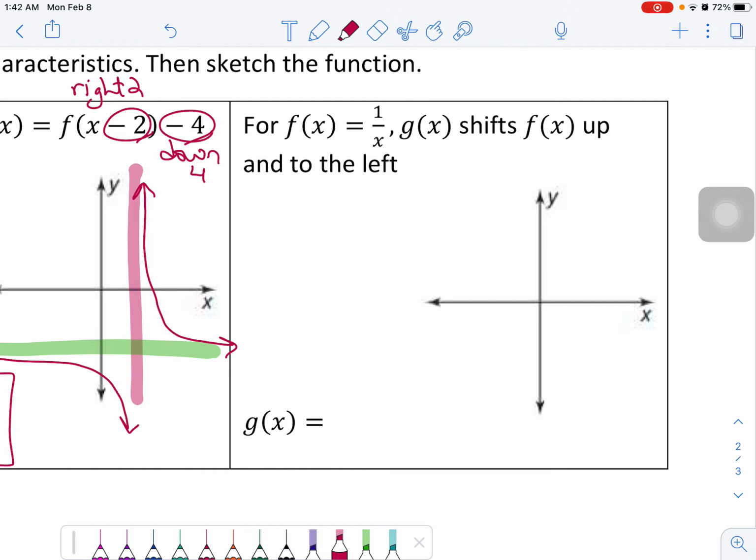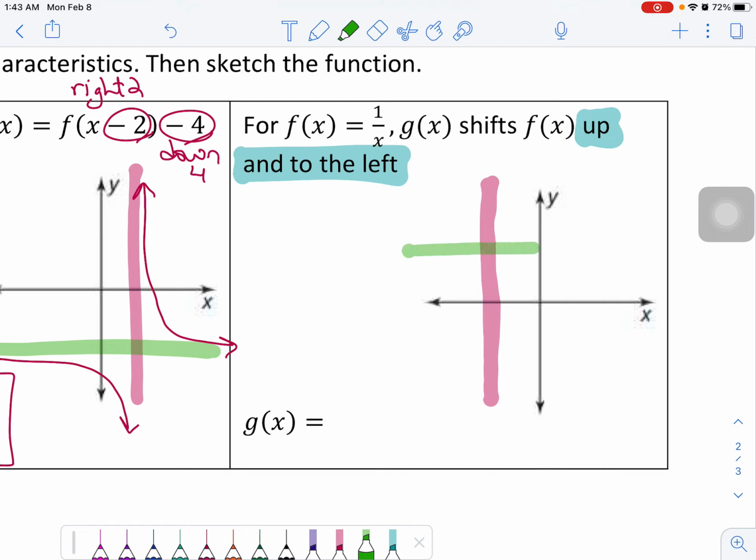All right, g shifts f of x up and to the left. So there's no specifics about what you need to do. So let's say we're going to the left, that's going to put a vertical asymptote somewhere over here.